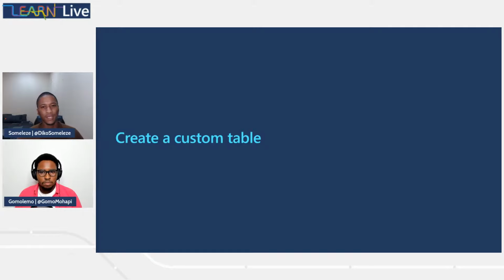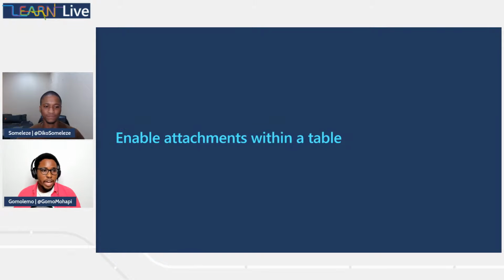But I'm wondering, is there any additional information or additional capabilities that come with creating a custom table? Homo, do you have an idea? Could you advise us on whether we have other capabilities or not? Yeah, sure. There's a whole bunch of options and ways in which you can customize your specific table for your business need.